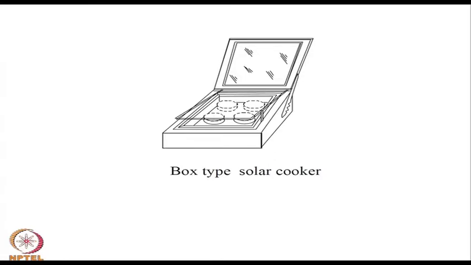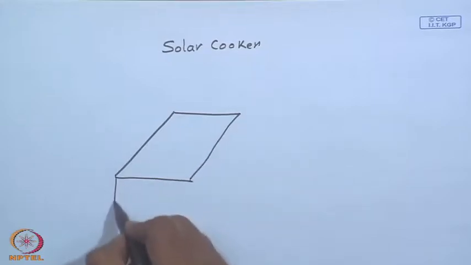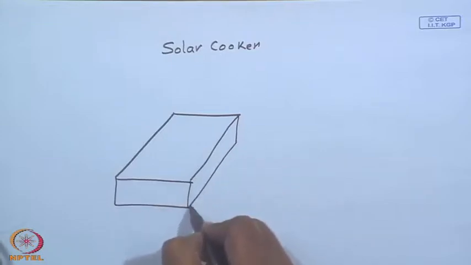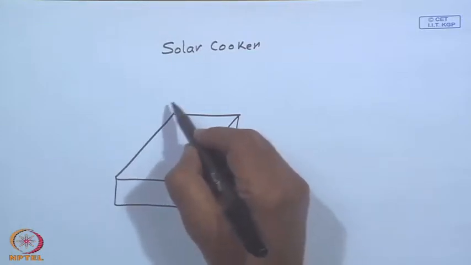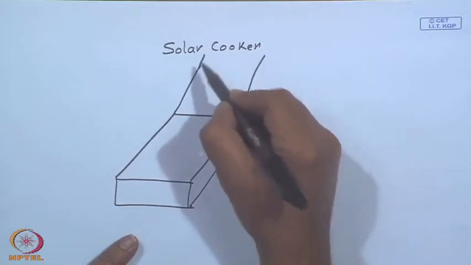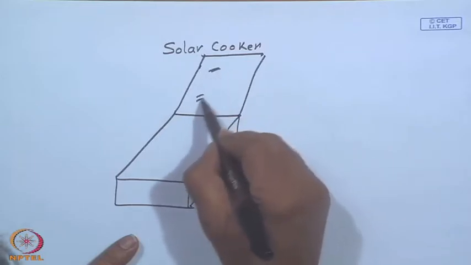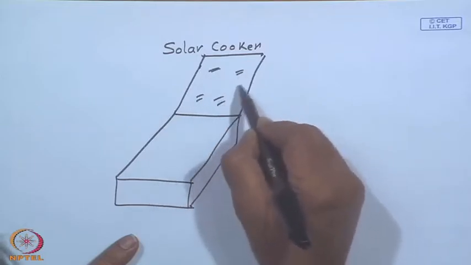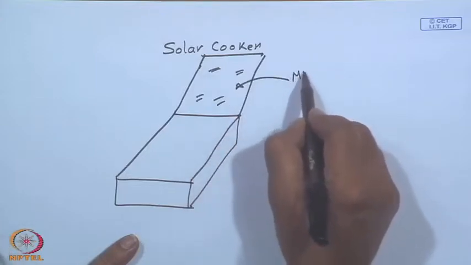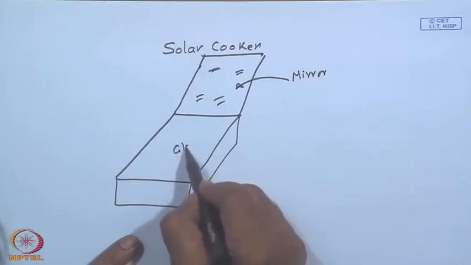So, you have a little box and you have a cover for this, and this may be a glass, mirror, sorry, and this is glass.